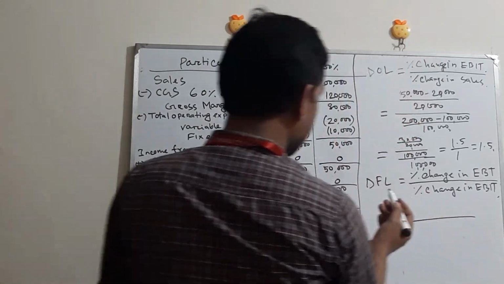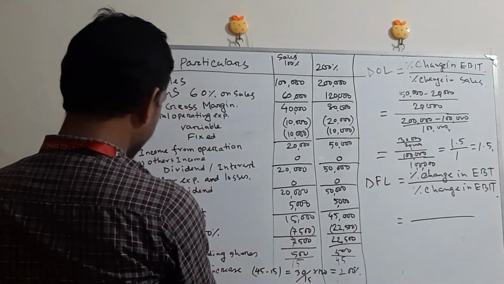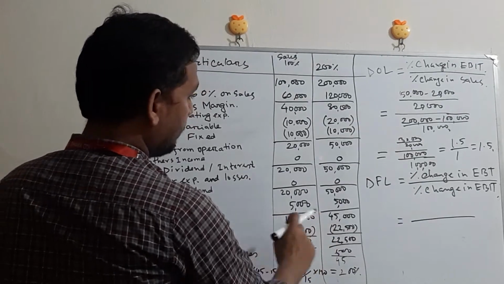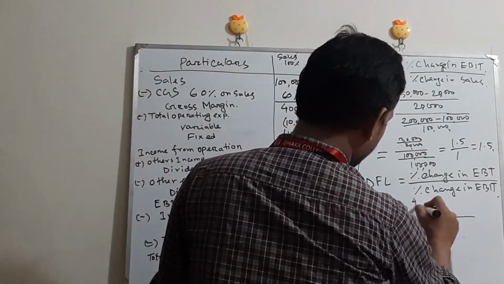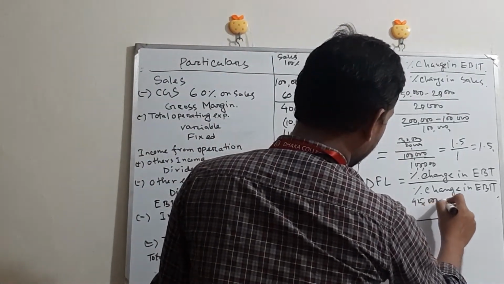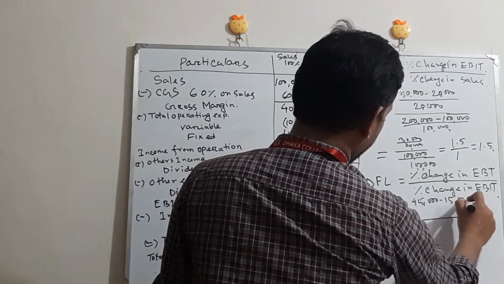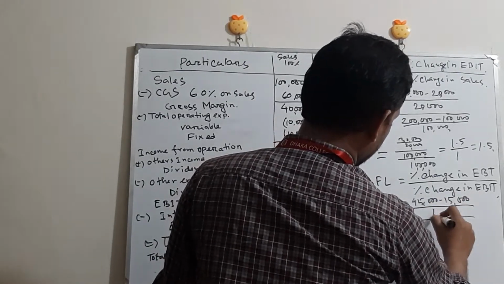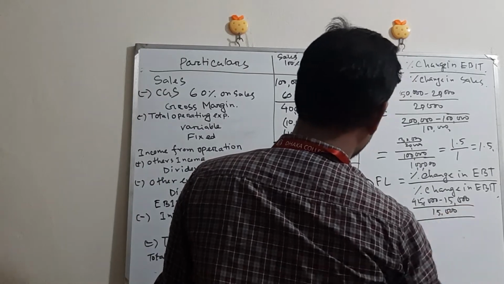Here the change in EBT is 45,000 taka minus 15,000 taka, over 15,000 taka.